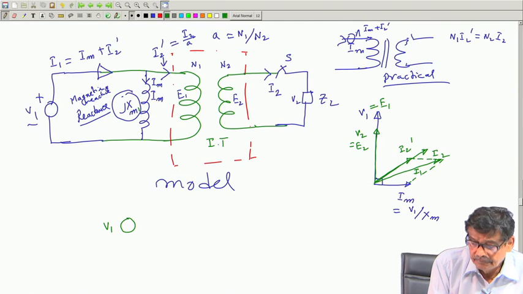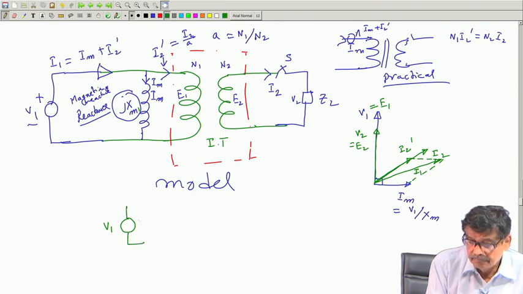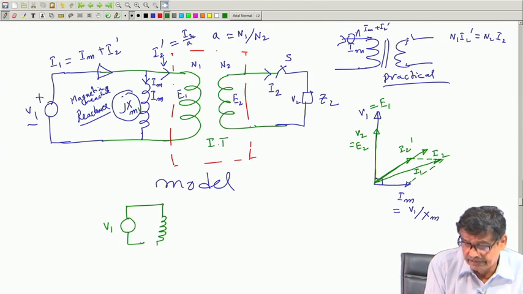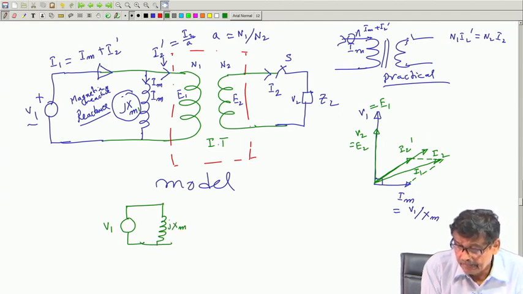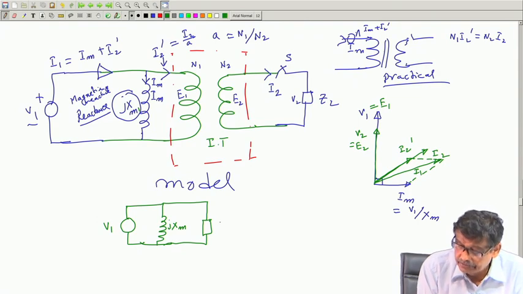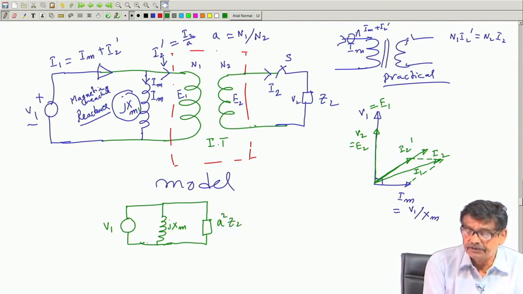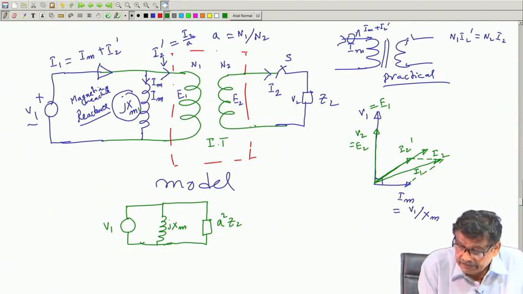It will be V 1, here is a reactance, no windings, this one JXM, and here will be the impedance A square Z 2, is it not? This will be the equivalent circuit referred to the primary side, JXM 1.